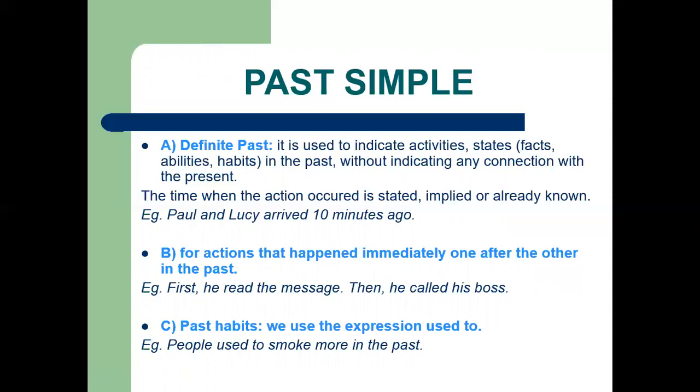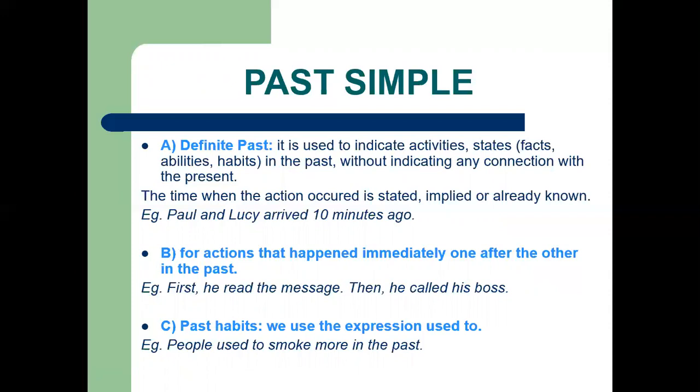Past habits, you can use used to, right? For habits in the past. Generally, when you use used to, you imply that the action was longer than when you use the past simple, right? If you say he used to smoke when he was young, for example, yes, as opposed to he smoked when he was young, well, generally you are emphasizing that it was a habit.